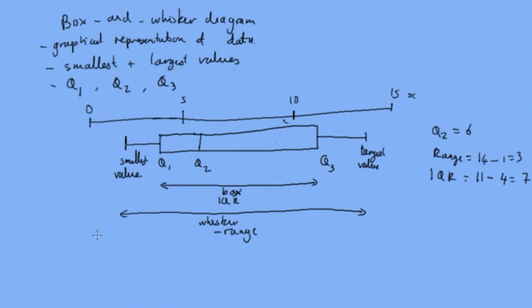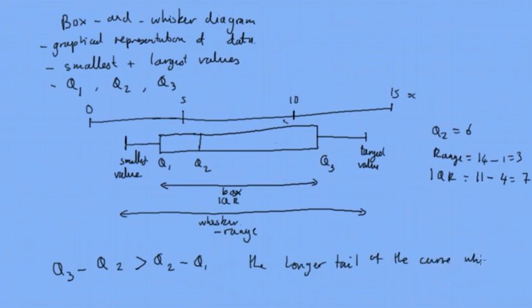If you have a situation where Q3 minus Q2 is greater than Q2 minus Q1, and you were to graph that on your cumulative frequency diagram, the longer tail of the curve would be to the side of the smaller values.